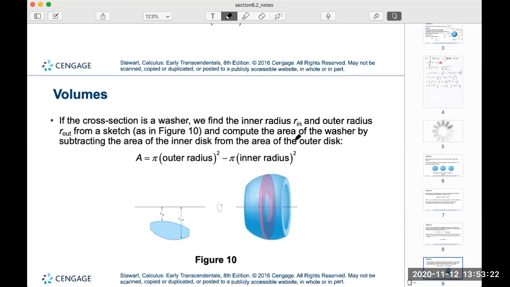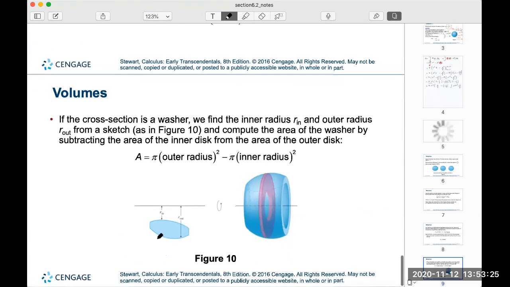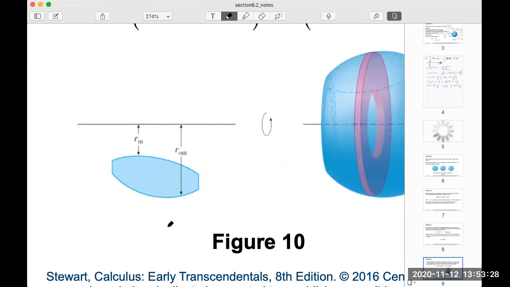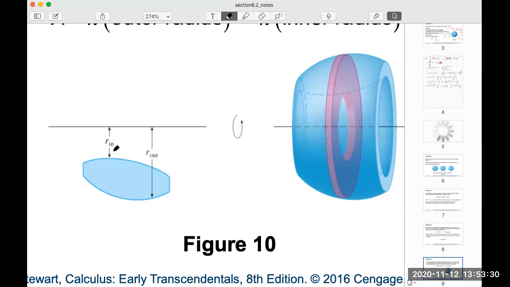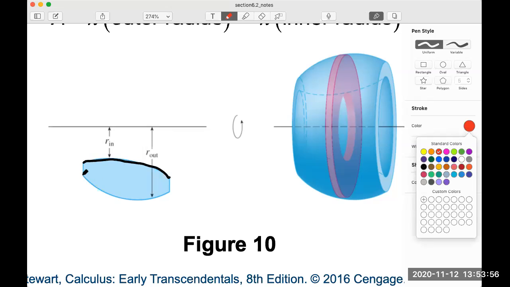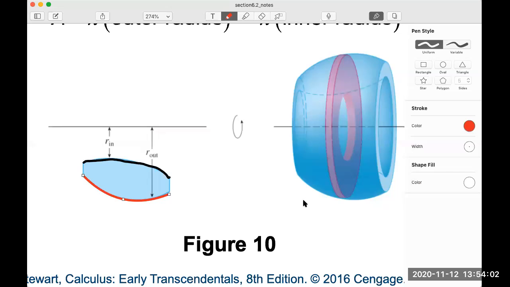So if we are given a cross section, if we are given two functions, f here and g below, for example, or look at this domain. The inner radius here is given by this line, and the outer radius is given by this line, okay?